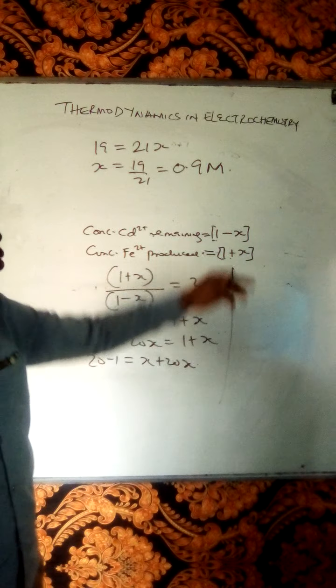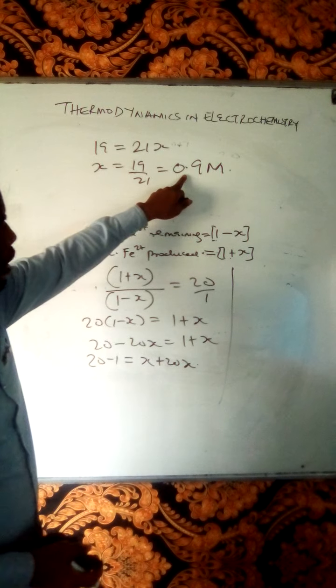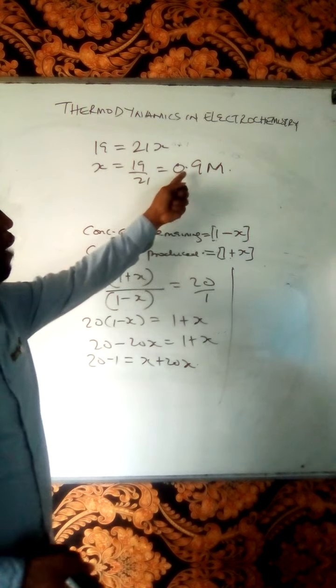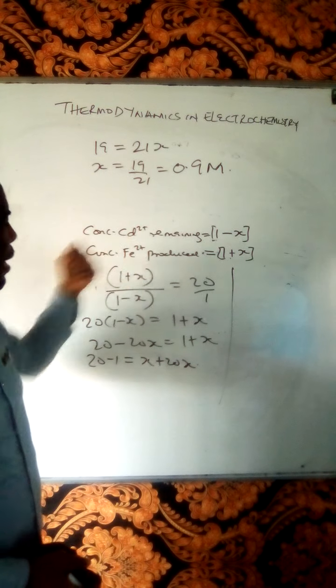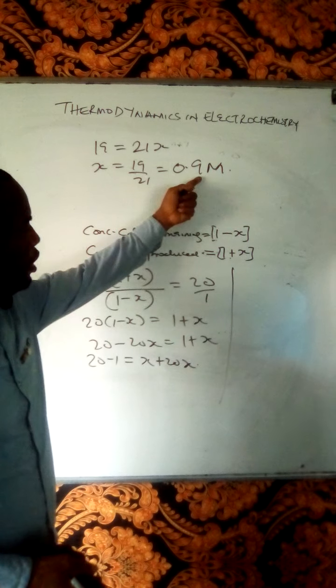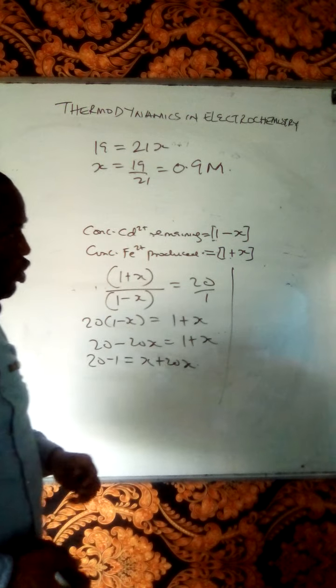So the amount of cadmium converted to product and the amount of iron 2 produced: cadmium loses 0.9 mole per dm cube, while iron 2 gains 0.9 mole per dm cube.